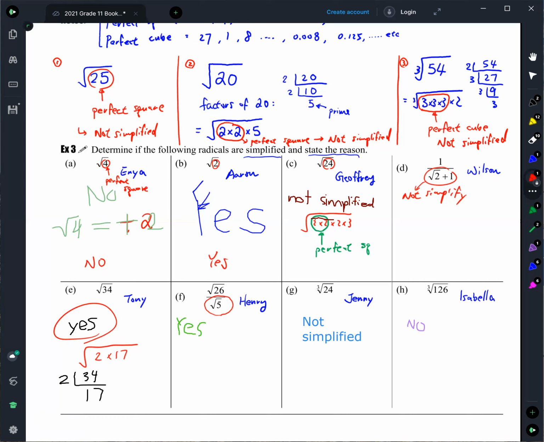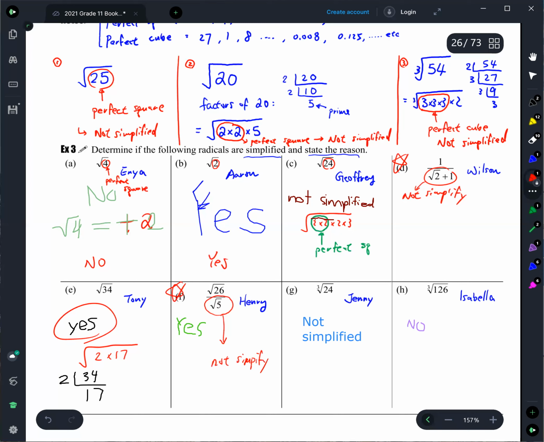No. Yeah, answer should be no, just same as question D. You don't need to check what's inside or not. If you ever spot a square root in the denominator, right away it's not simplified. Okay, I understand. So later we'll learn how to simplify. Right now, you just need to recognize which question is done, which question is not simplified yet.